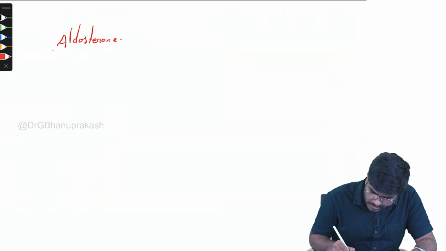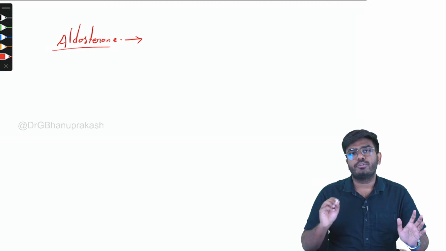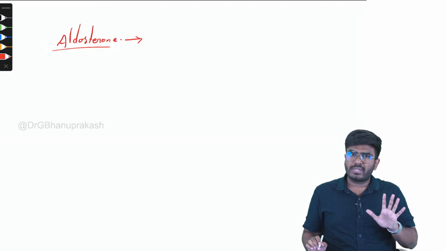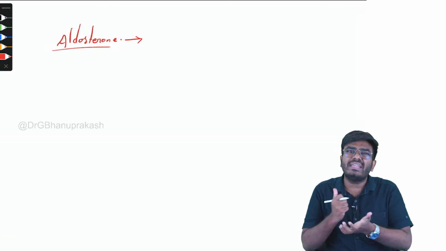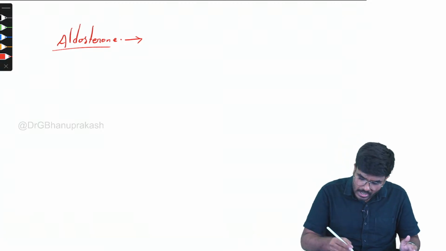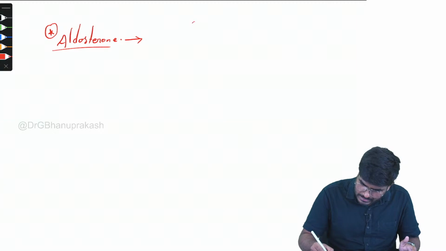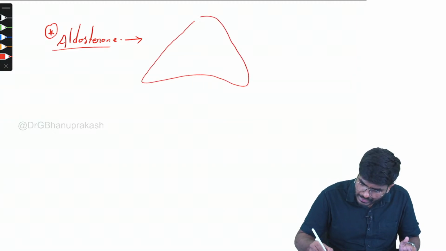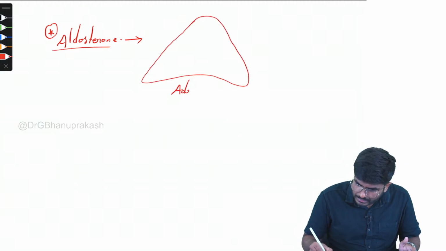Aldosterone. First question: from where is aldosterone produced? Aldosterone is acting on the collecting duct. Why it is acting, how it will act, and what its functions are, we will discuss in a minute. But aldosterone is produced from a gland called the adrenal gland.